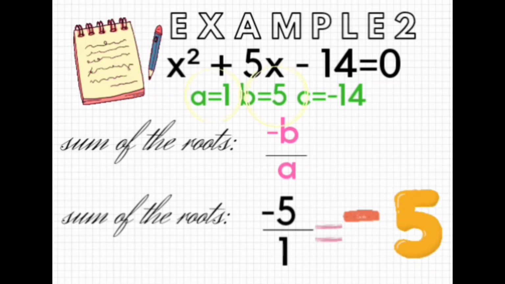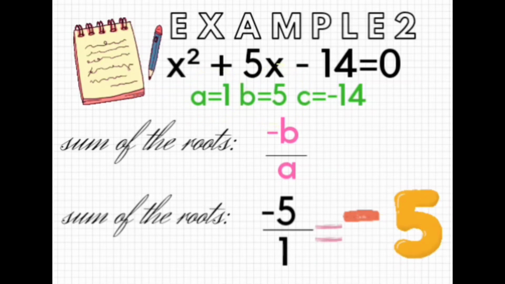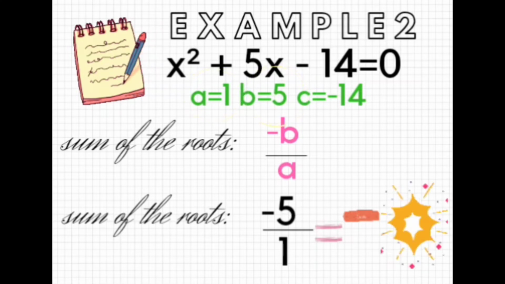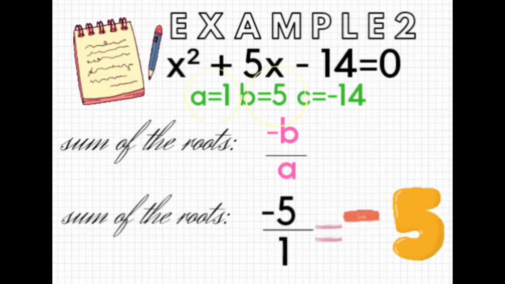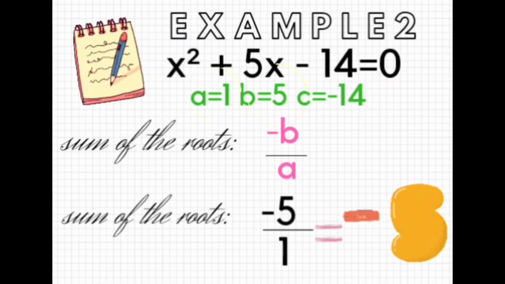By substitution, we will have negative 5 divided by 1, that is equal to negative 5. So, the sum of the roots of quadratic x squared plus 5x minus 14 equals 0 is negative 5.